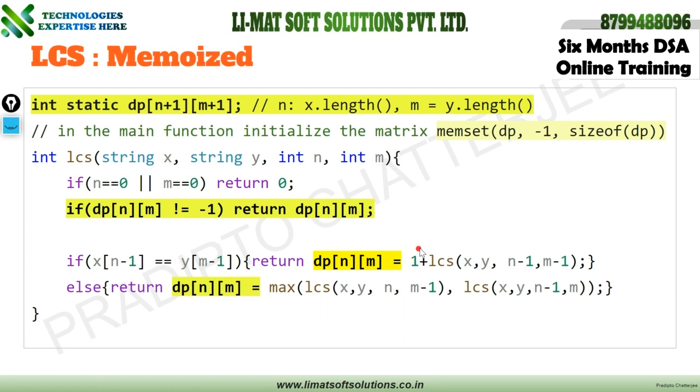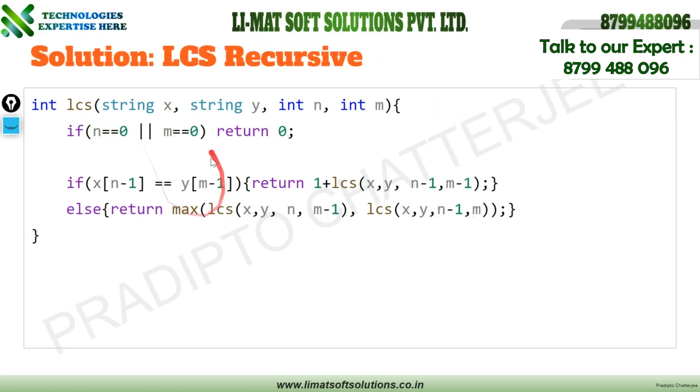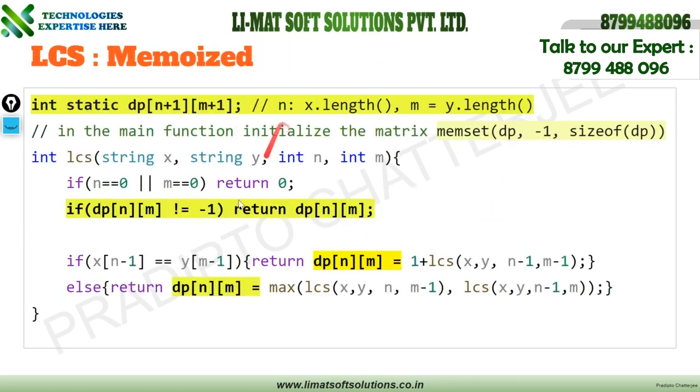So do not get worried about what I have written here. These 3 or 4 lines are common in all dynamic programming code. If you are able to write the recursive version, you just have to add these 2 to 3 lines of code, and the recursive code will get converted into dynamic programming code. The same code, 100%.